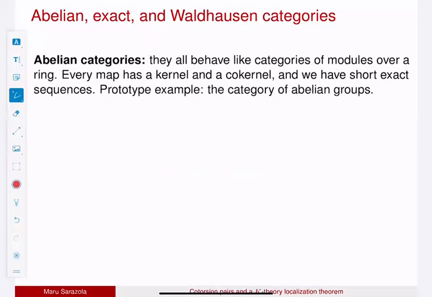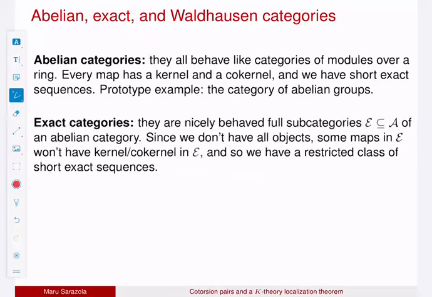If you're not used to working with this type of category, really, you're not very far off from just keeping the category of abelian groups in your mind as a prototype example. So what are exact categories? What is the difference? Well, exact categories are going to be nicely behaved full subcategories of an abelian category.